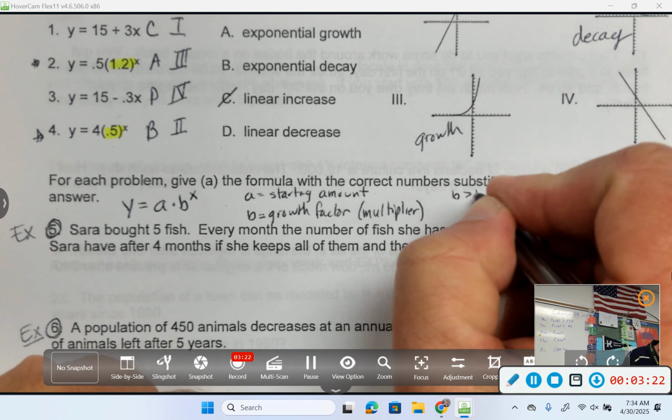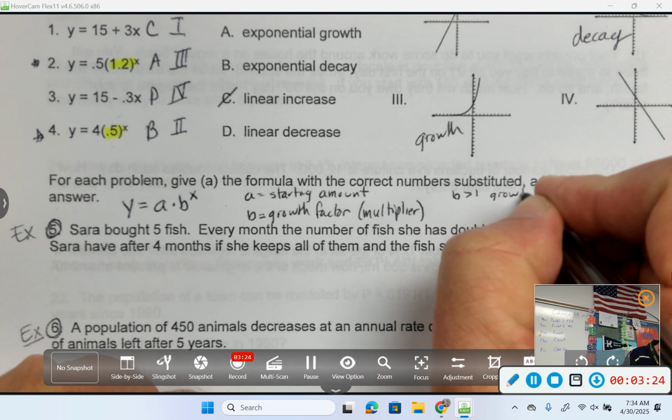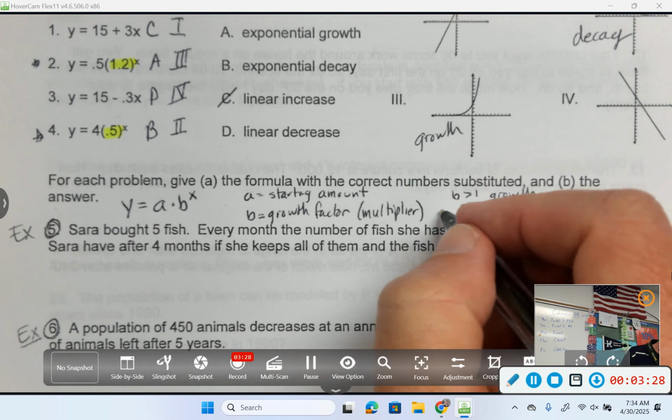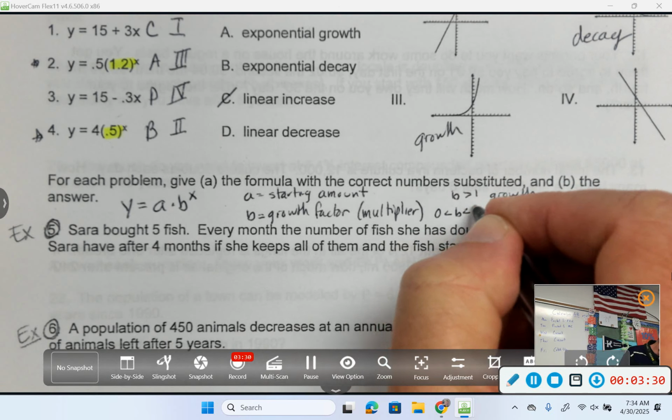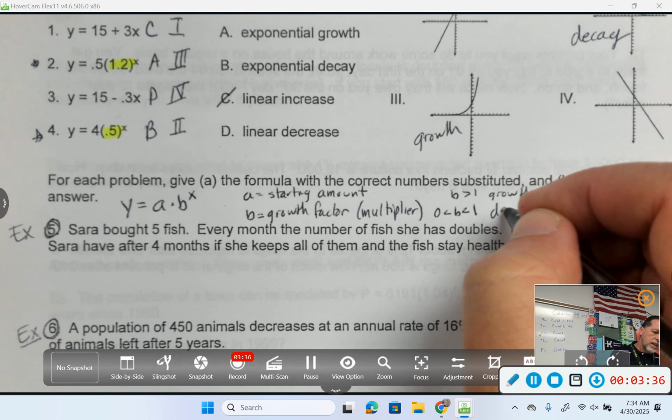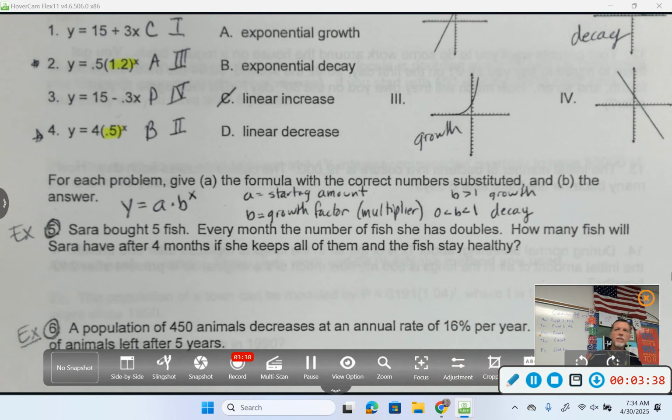So if B is greater than 1, we have growth. If B is between 0 and 1, we have decay. Now, we don't really have to worry about those extremes, but yes, if B is 1, then you're just multiplying by 1 every time, and so whatever your value is just stays the same. What about if B is 0, the other end?